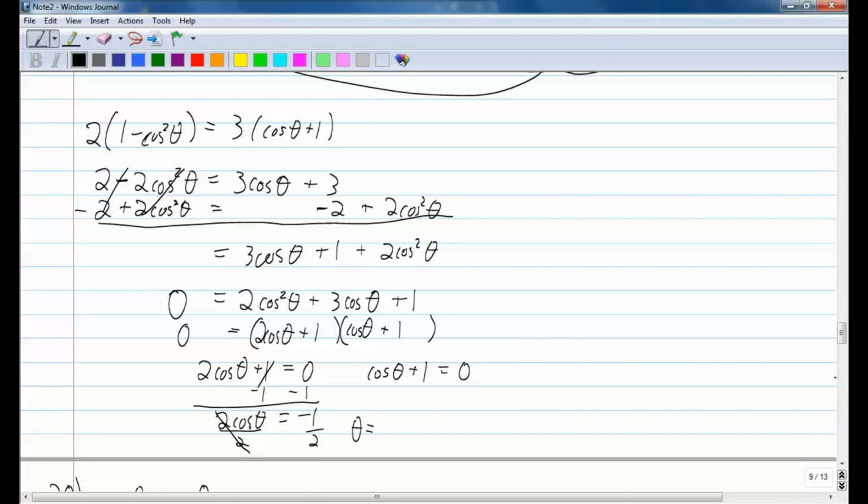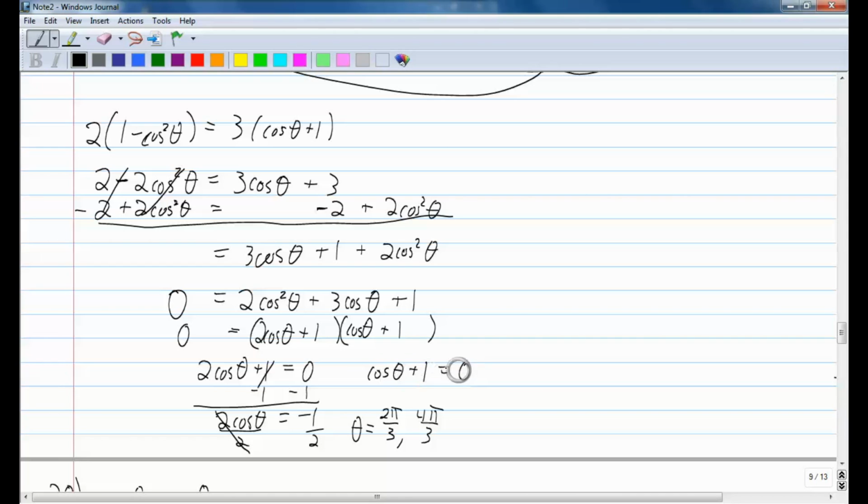To get the angle in the second quadrant, that's pi minus pi over 3. So that's 2 pi over 3. The way that we get the answer from the third quadrant is we say pi plus theta. So pi plus pi over 3 is 4 pi over 3. So that's 2 of your answers.